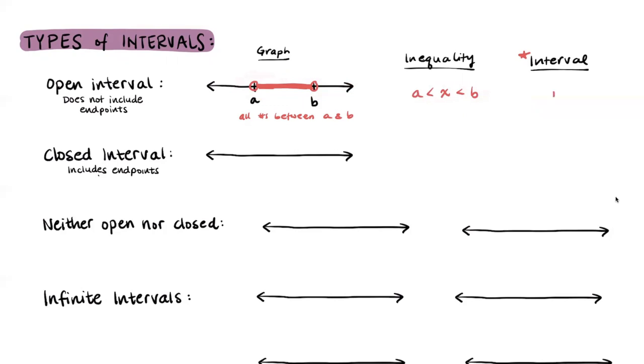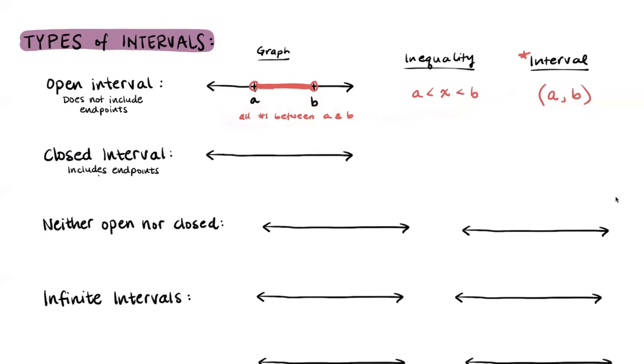So we put the starting point, comma, the ending point, and then if we are not including the endpoints in the interval, we put parentheses. Okay, so this is the interval from A to B, not including A, not including B, and it means all the numbers between A and B. So this, again, means that as well.